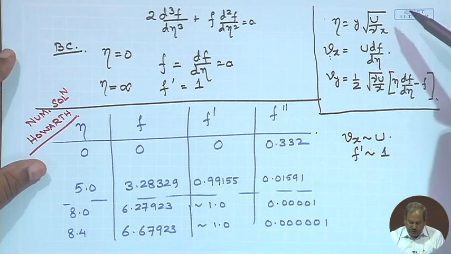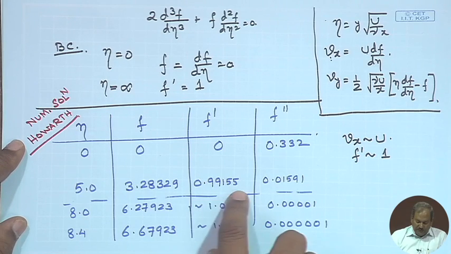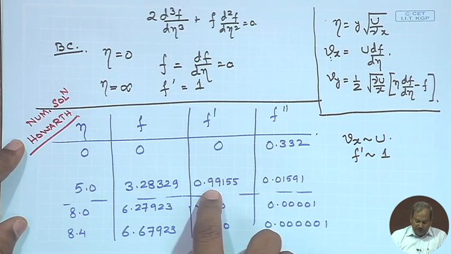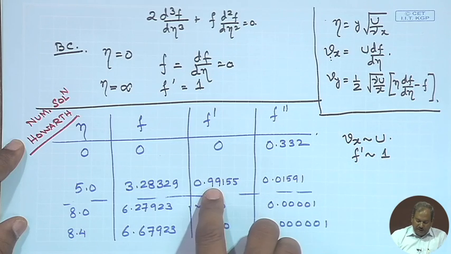Now, if you recall the definition of the edge of the boundary layer or the thickness of the boundary layer, we have said that it is that point at which the velocity reaches 99% of the free stream velocity. So, let us see where we have this 99%. It is at this point. So, at this point the f prime is about 99%.